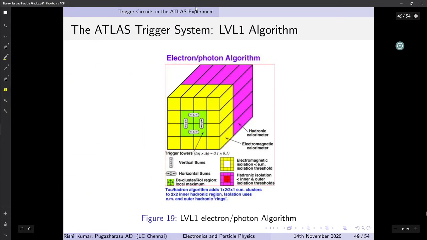So essentially, it's pretty self-explanatory as to how it does the job. You have this array of calorimeters, and this is an electromagnetic one, and you have a hadronic one after it.